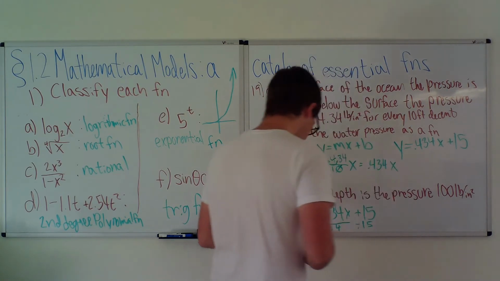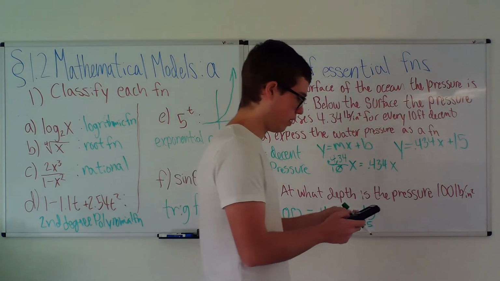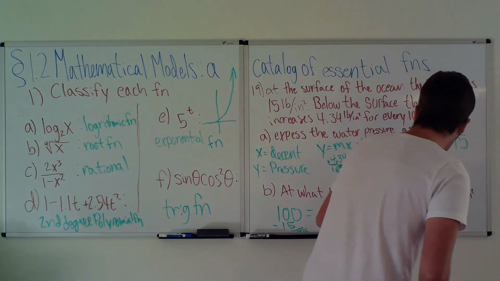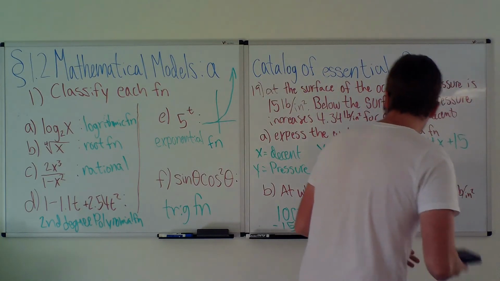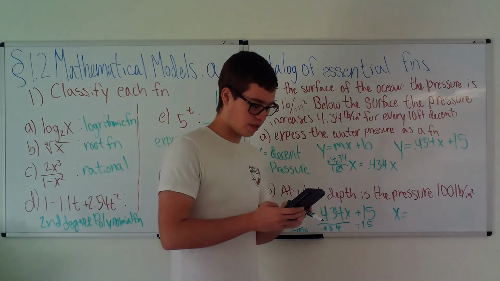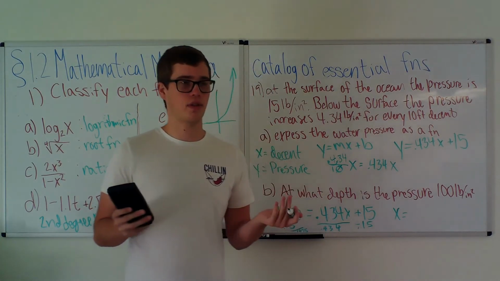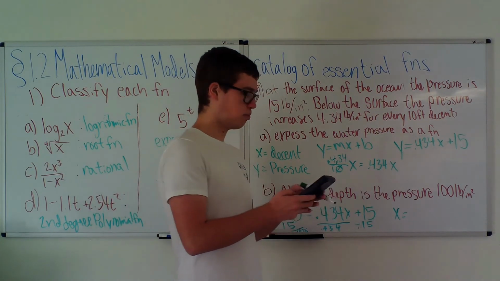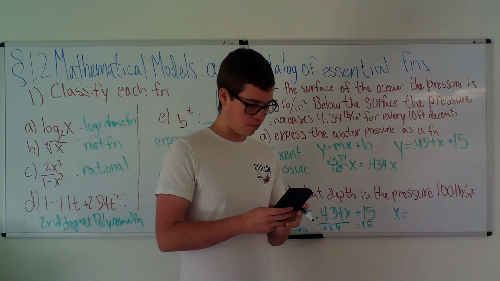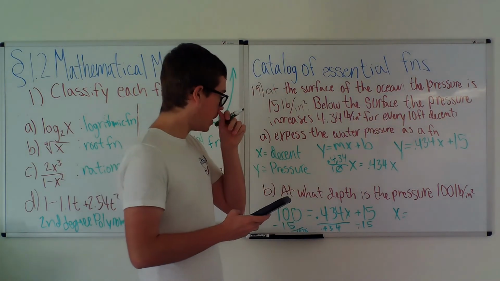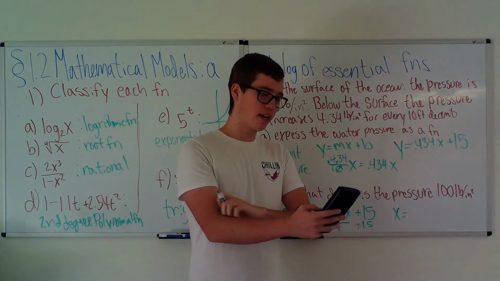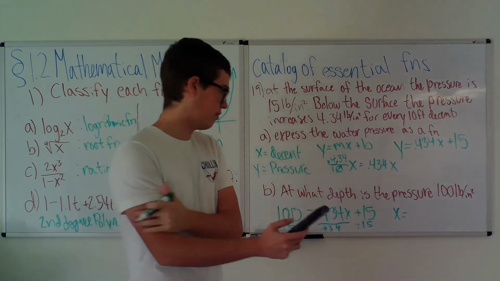We're just going to do this on the calculator, and we're going to get x equal to, obviously 100 minus 15, that's 85. You don't have to do that on the calculator, it's simple, but then you do 85 divided by 0.434, and that will give you 195.85.